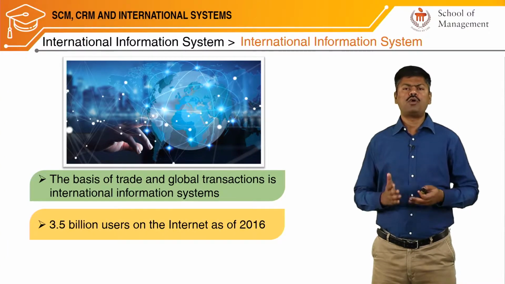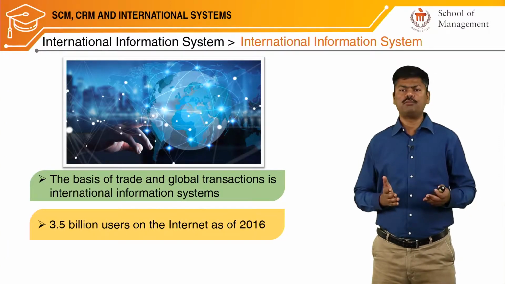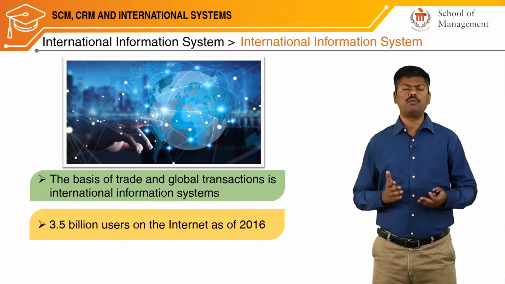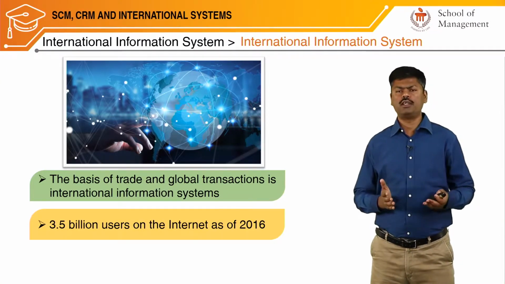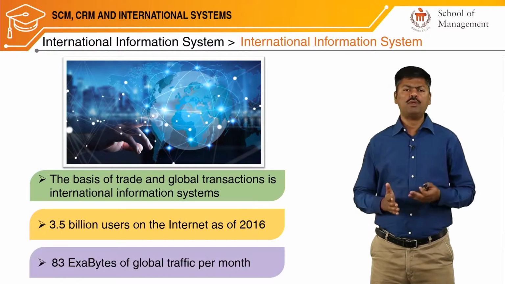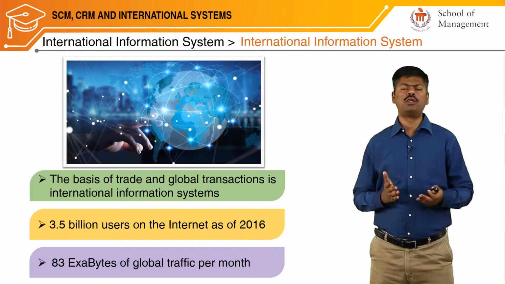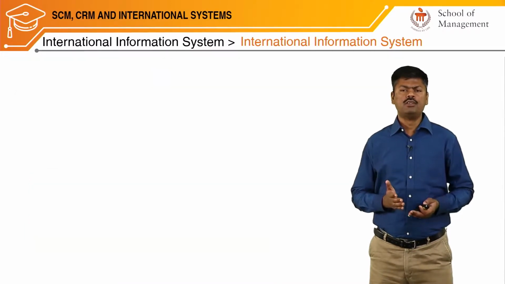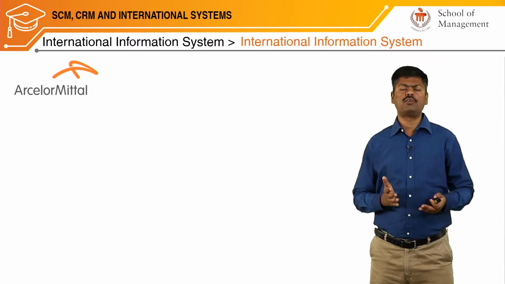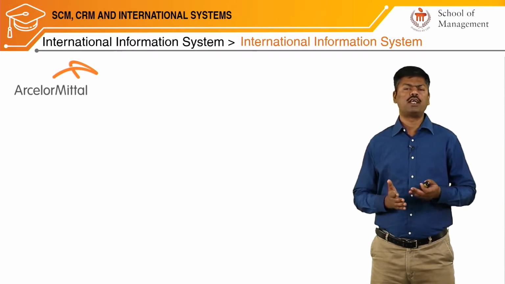Now, if I am talking about international information systems, I am actually talking about 3.5 billion users working on the internet, which means an exchange of 83 exabytes of global traffic happening each month. From this volume of transactions, you can find out the level of communication or exchange of data.